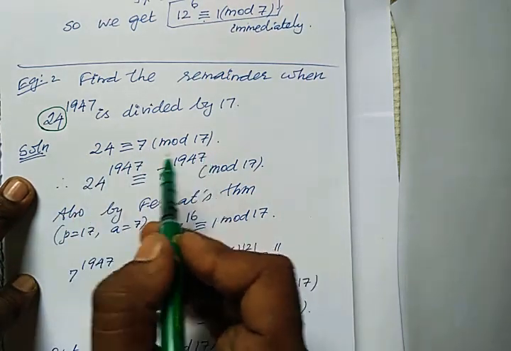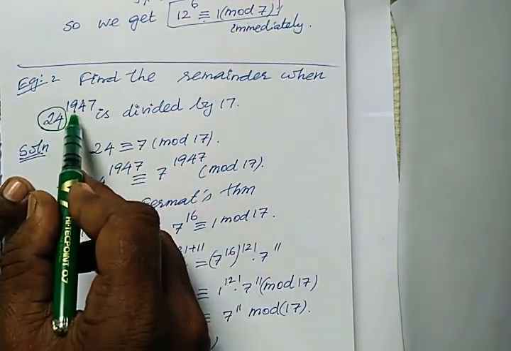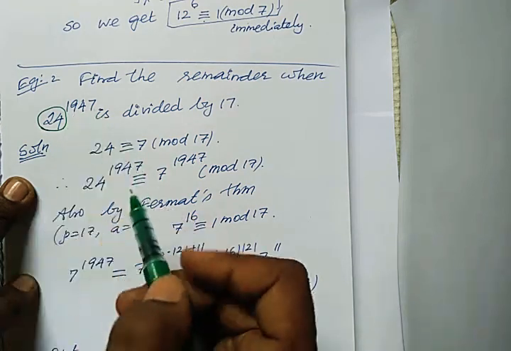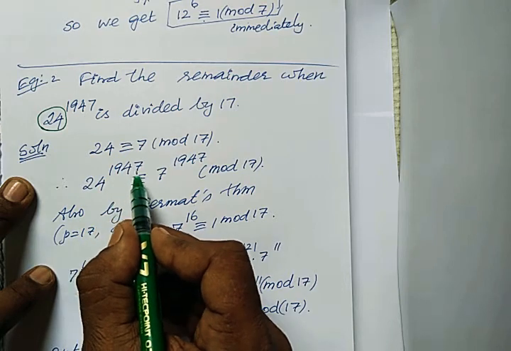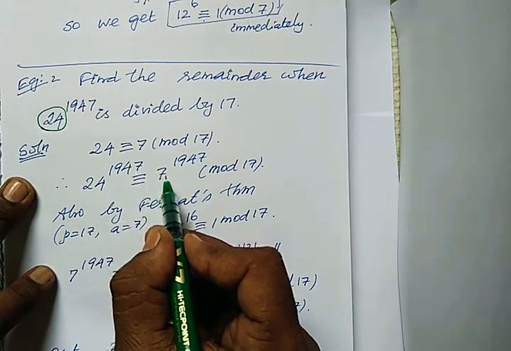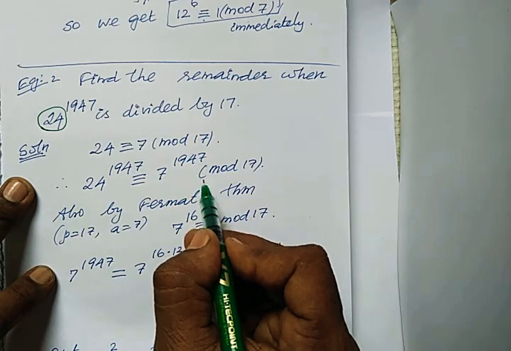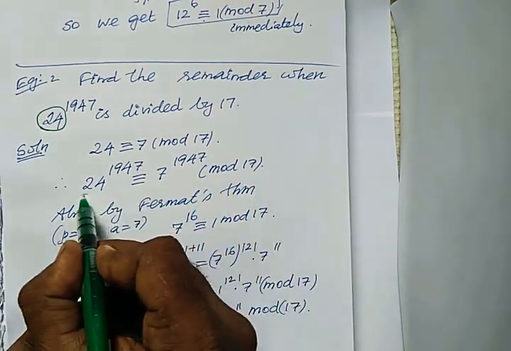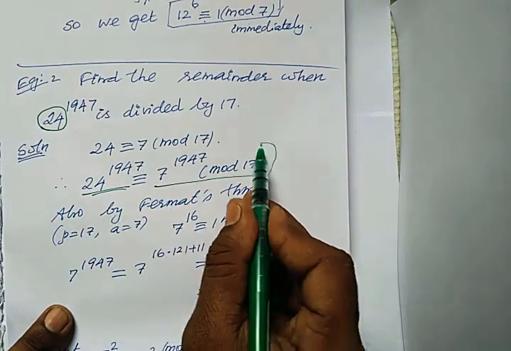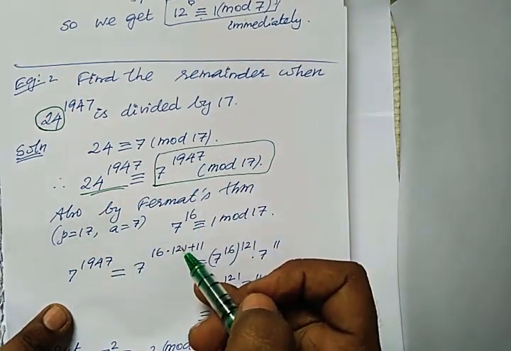So if you take it to the power 1947, we get 24 to the power 1947 is congruent to 7 to the power 1947 modulo 17. So to find this one, we need to find this one, right?